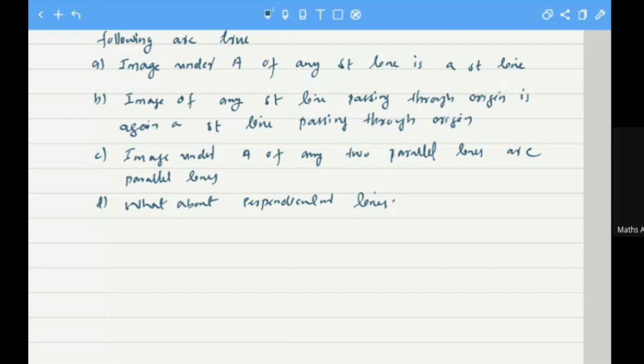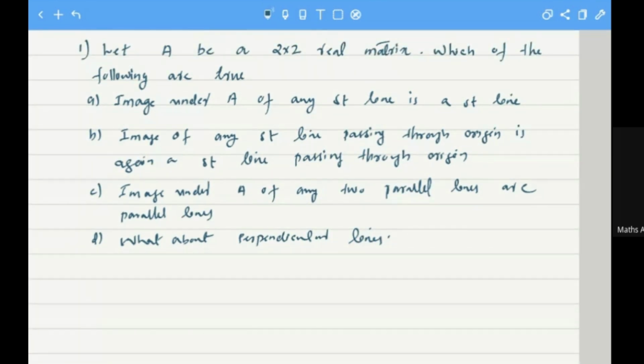So how many of you know the answer for this? We'll take the first option, option A. How many of you know the answer for A? Anybody knows? I'm not asking the exact answer, just yes or no. Anyone, make it as a discussion.